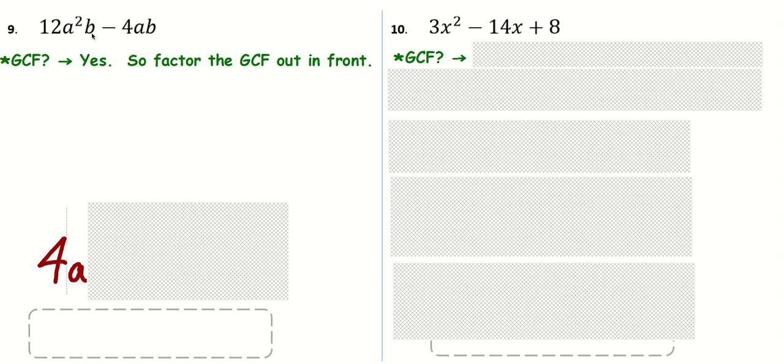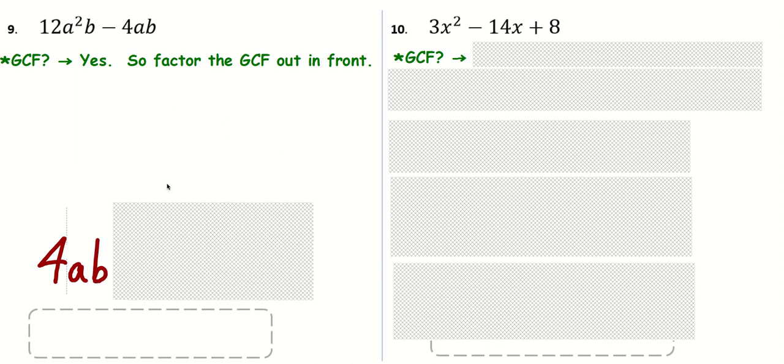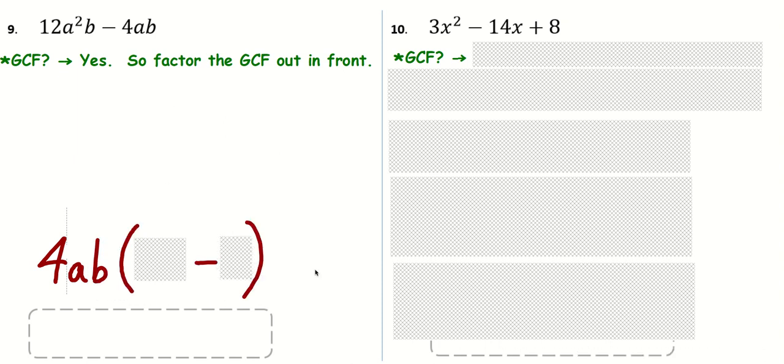And then what's the GCF of b to the first power and b to the first power? It's a tie. B to the first power. So that's the GCF that we're dividing out. And when you divide 4ab away from this term, what's left over? 3, and then there's a factor of a left.